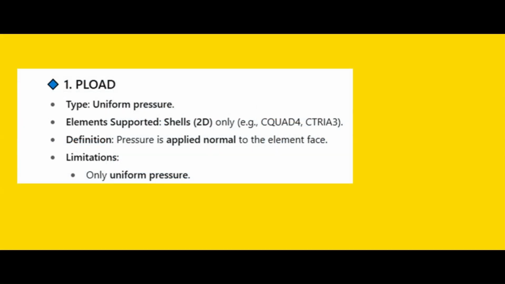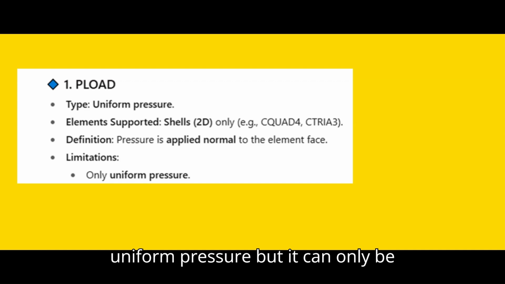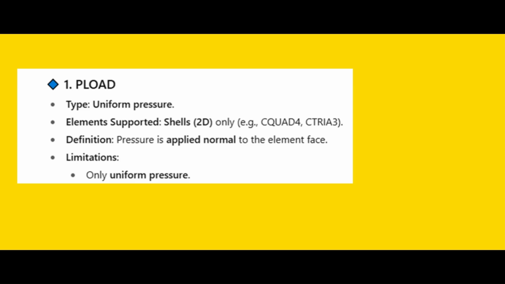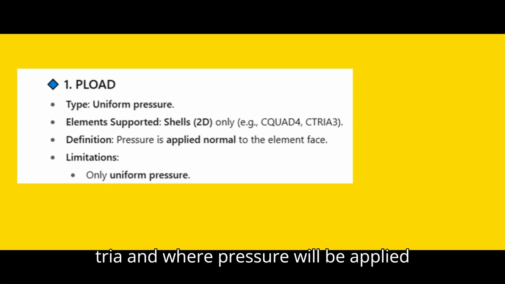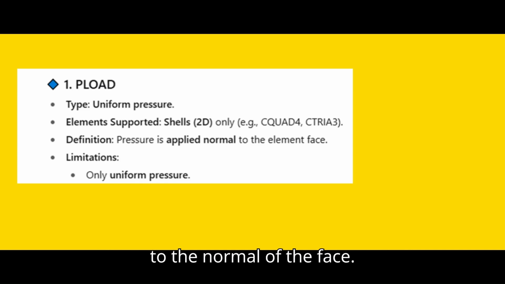So basically, the PLOAD2 card is like the uniform pressure, but it can only be applied to 2D cell surfaces, like 2D elements such as quad and tria, where pressure will be applied to the normal of the face.